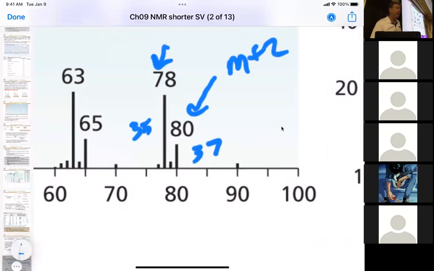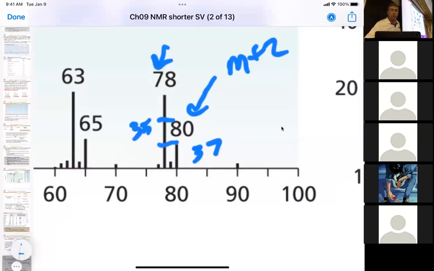This is our 37 isotope. And notice it's about 1/3 the height of there. That pattern will be consistent. If you ever see this pattern in a quiz question or exam question, and it asks which halogen is on this compound, you'll say, oh, because of the M plus 2 isotope effect, it has to be chlorine.